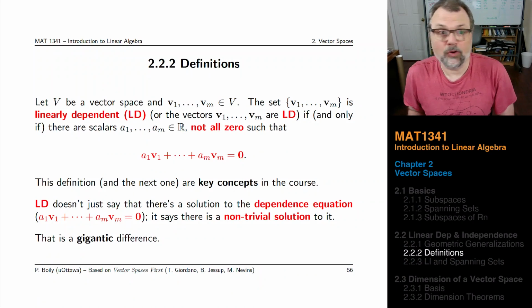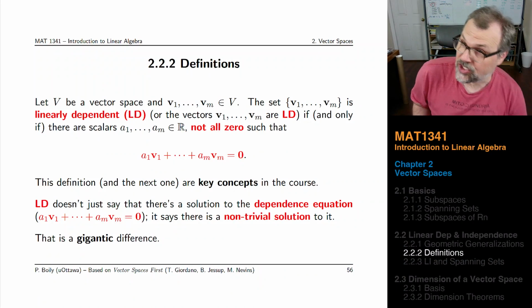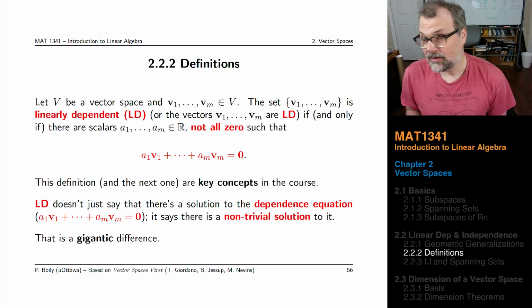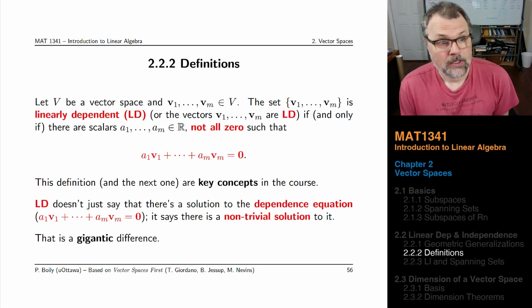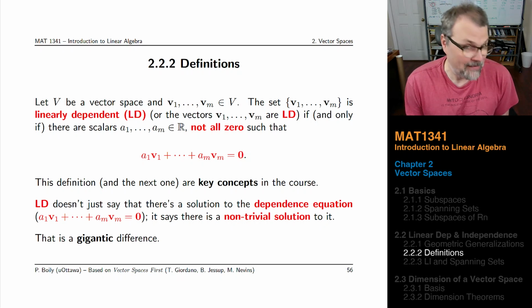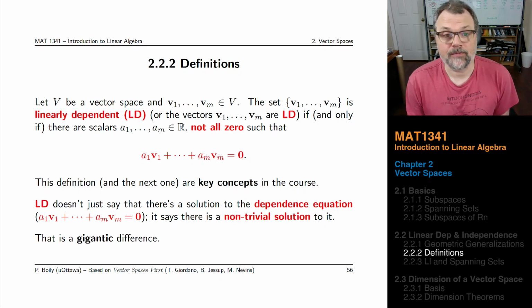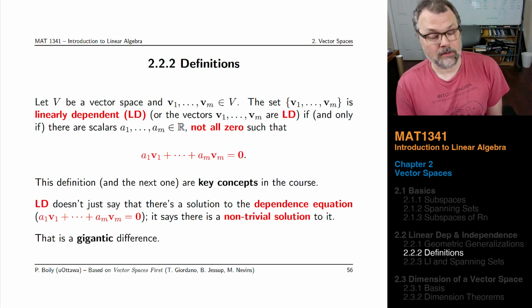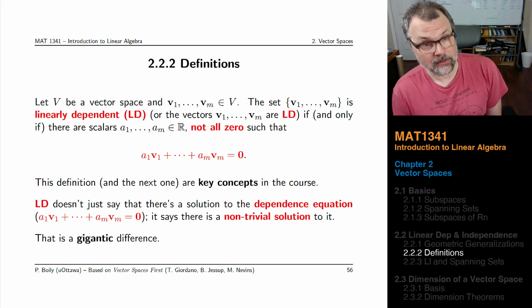Right, so what's the formal definition that generalizes these concepts? Assume you have m vectors from a vector space. We'll say that the set of the m vectors is linearly dependent, which I'm just going to call LD.